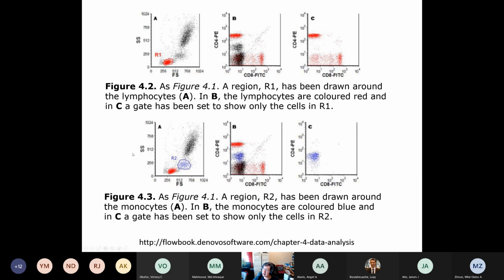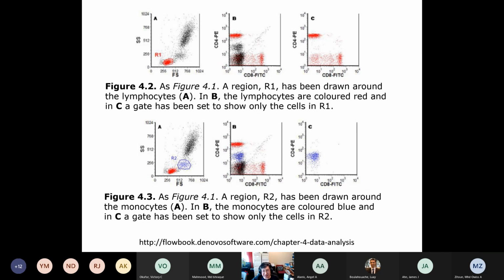But if you also consider the forward scatter and the side scatter, you will know actually these are 2 types of cells there. It's not the same identity. You have 2 populations there. Maybe they are of different shape even. And then that will help you to understand the cells are not uniform.